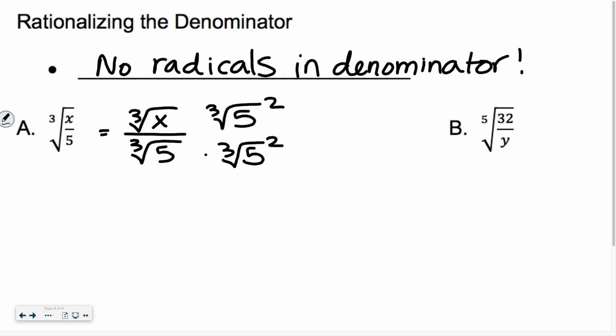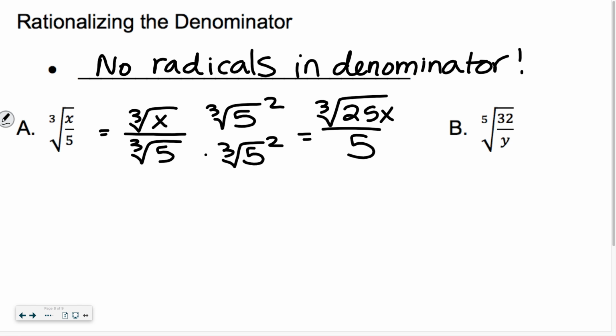A cube root of 5 times a cube root of 5 times a cube root of 5 equals 5. So it made my denominator the nice number 5, the thing that's underneath the radical, the radicand. And up in the top, I can say this is the cube root of, and I can multiply everything, x times 5 squared. So 25x.